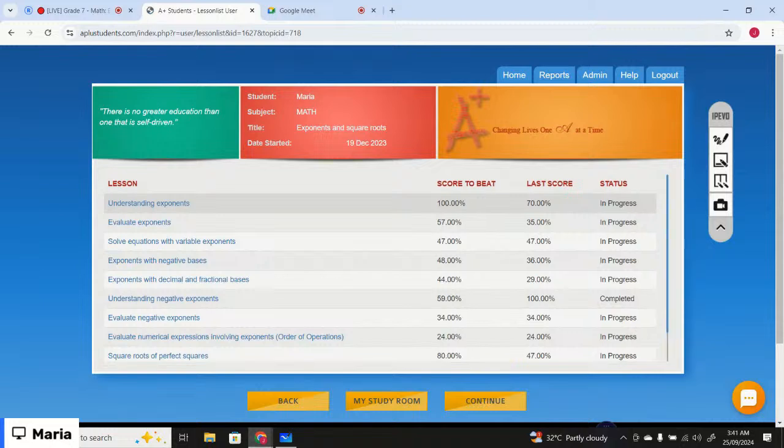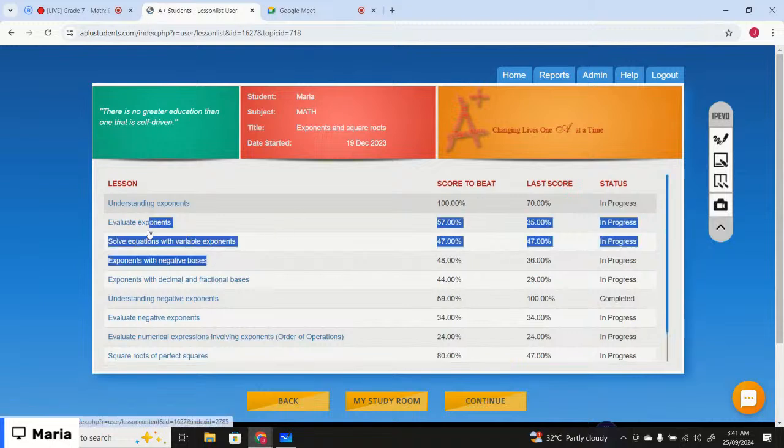The lessons we have covered today are understanding exponents, evaluate exponents, solve equations with variable exponents, and exponents with negative bases. Please make sure before the next session you complete all the practice questions for the lessons we just did. That is your homework until the next session, right?